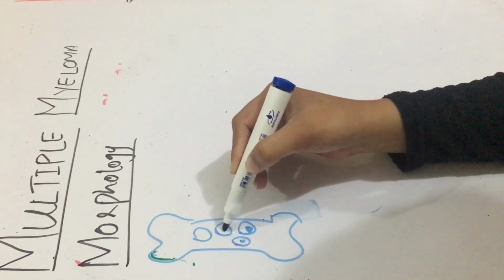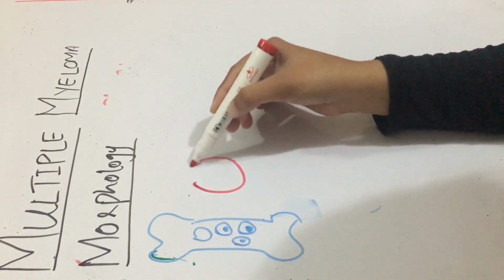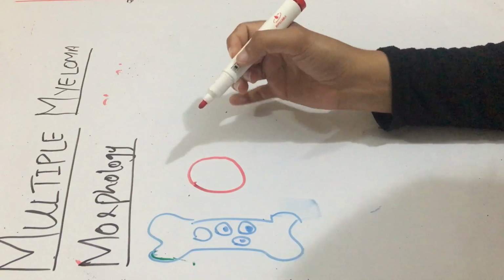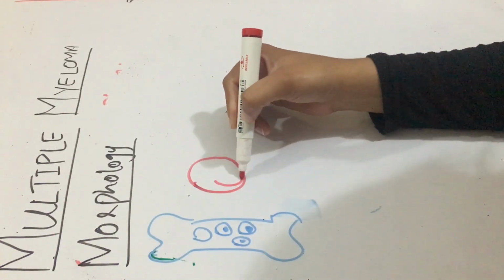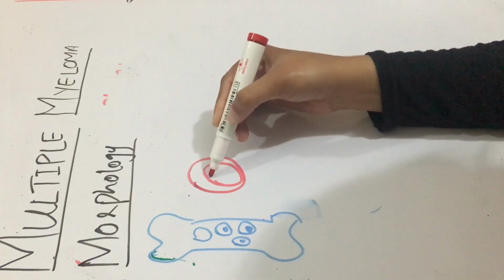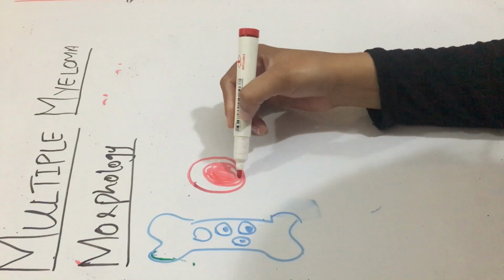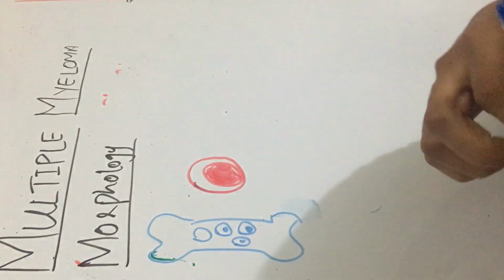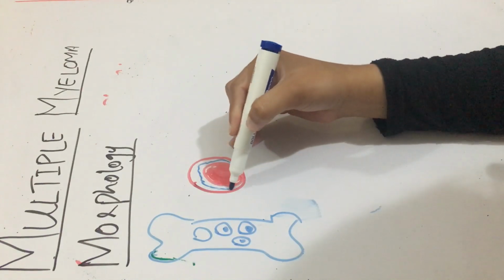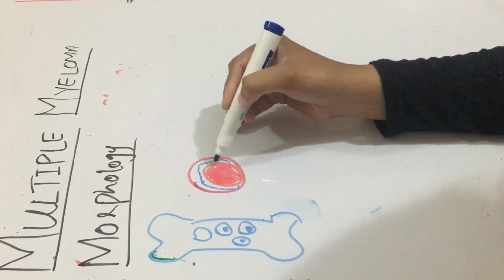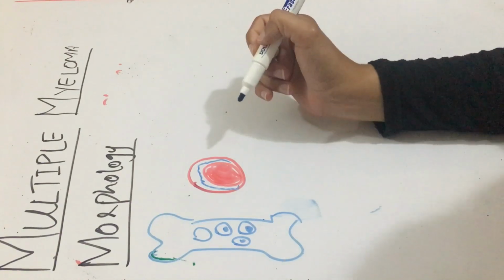Here I draw a plasma cell which is characteristic of multiple myeloma. You will see that the nucleus would be in an eccentric location, like other normal plasma cells, and there would be a perinuclear clearing, a clear area around the nucleus, and this is due to the prominent Golgi apparatus.